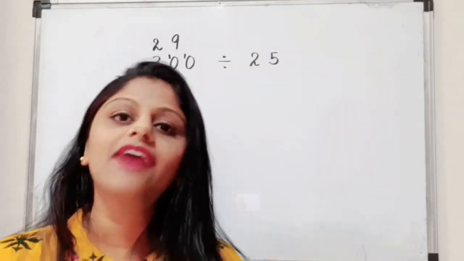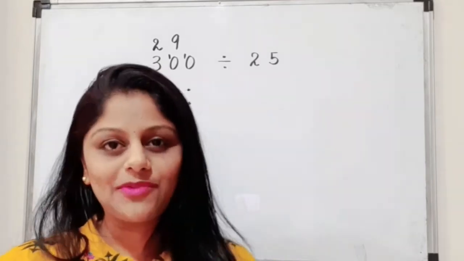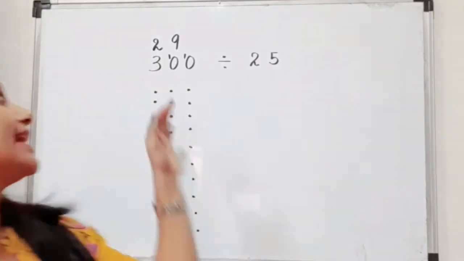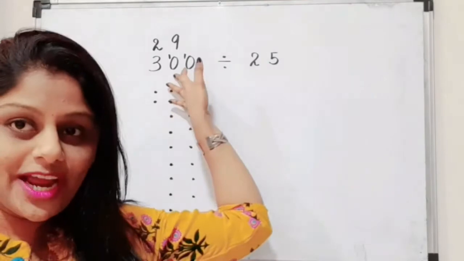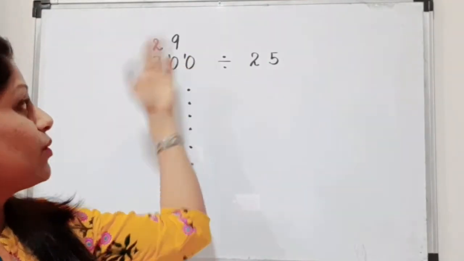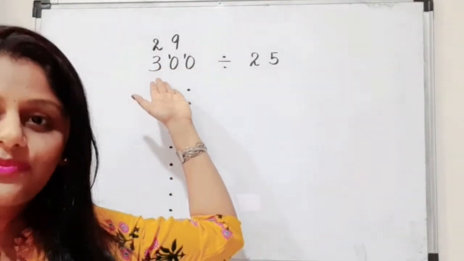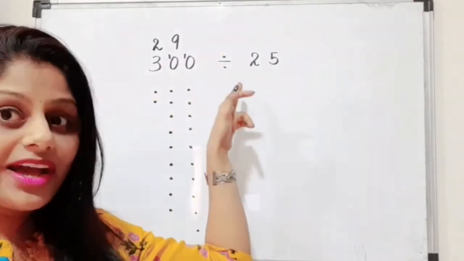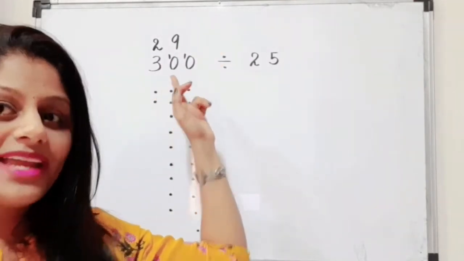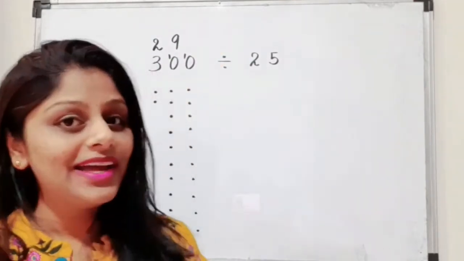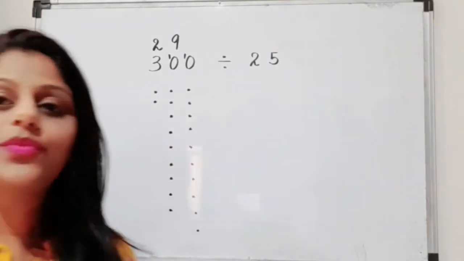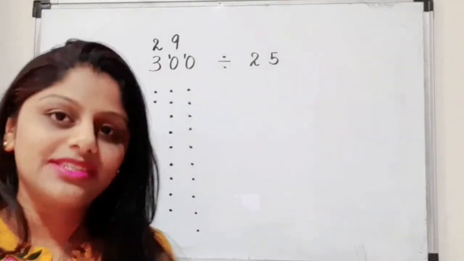Whenever we have a 0, we borrow from the previous number. So in 300, this 0 borrows a 1 from the 3, which becomes 2. Again we have a 0, so this 10 will become 9 and the 0 will become 10. Hope you all understood how we made dots whenever we have zeros.